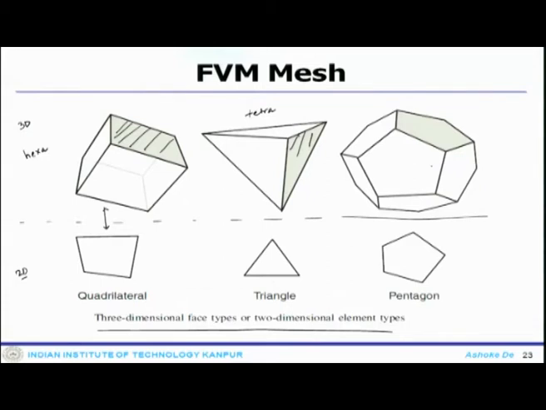This is polyhedral, so this becomes a pentagon, or it could be a hexagon also. Again, one particular face of a 3D element becomes the 2D element. That is how the connectivity between 3D and 2D elements is done.